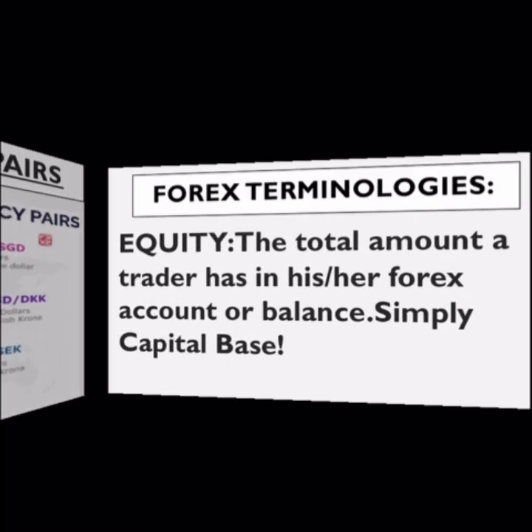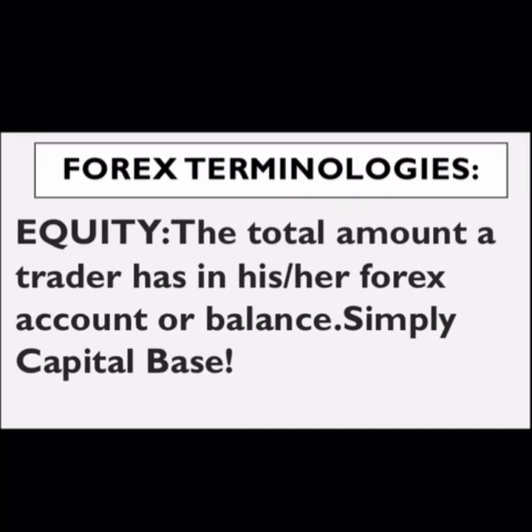Then let's move to the next thing, which is the forex terminologies. These are very important terminologies in forex you need to grab as a forex trader. The first forex terminology you need to grab is called equity. What is equity? Equity simply means the total amount a trader has in his or her forex account or balance. Simply put, capital base. In your normal conventional language, when someone asks how much you have in your bank account, you say I have so much.